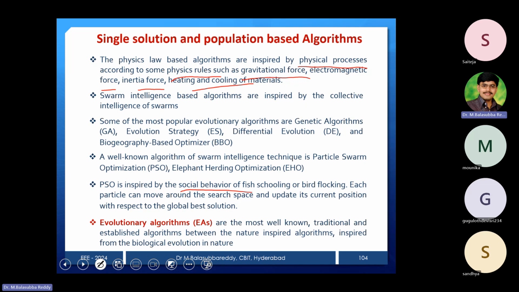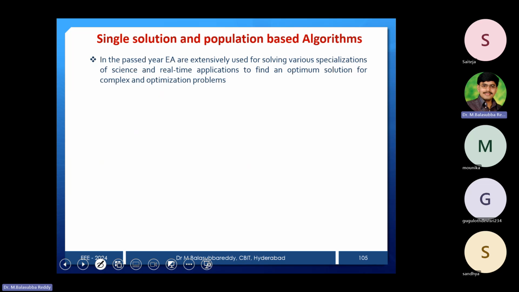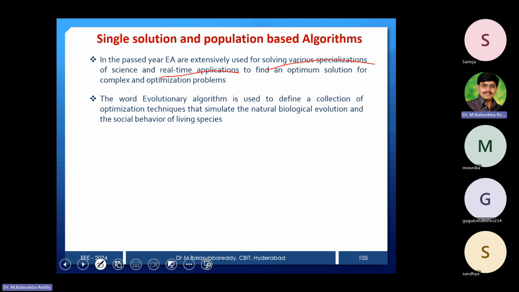And evolutionary algorithms are the most well-known, traditional and established algorithms among the nature inspired algorithms, inspired from the biological environment in nature also. In past years, evolutionary algorithms have been extensively used for solving various specializations in real-time applications also.